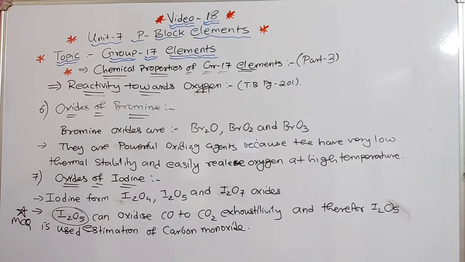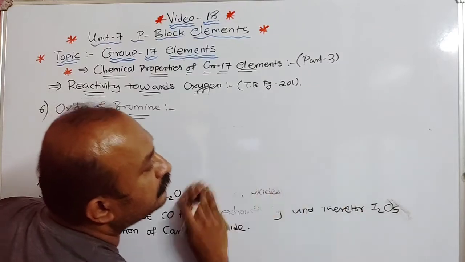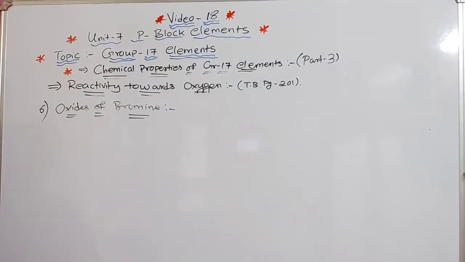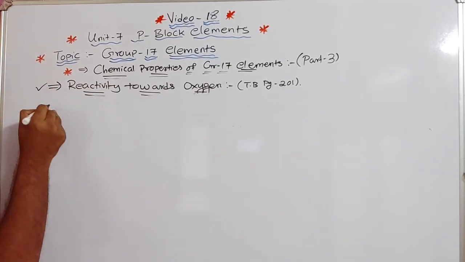Okay, now I think this part is over, all the oxides. Now we will discuss the next one, that is reactivity towards metals. Now this reactivity of oxygen is over in this video.